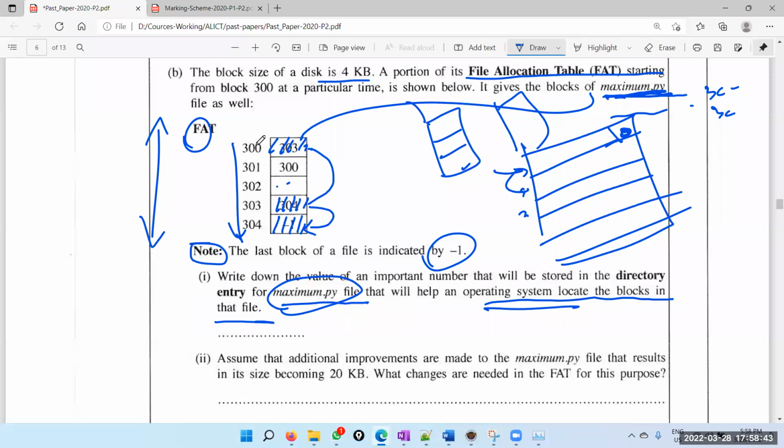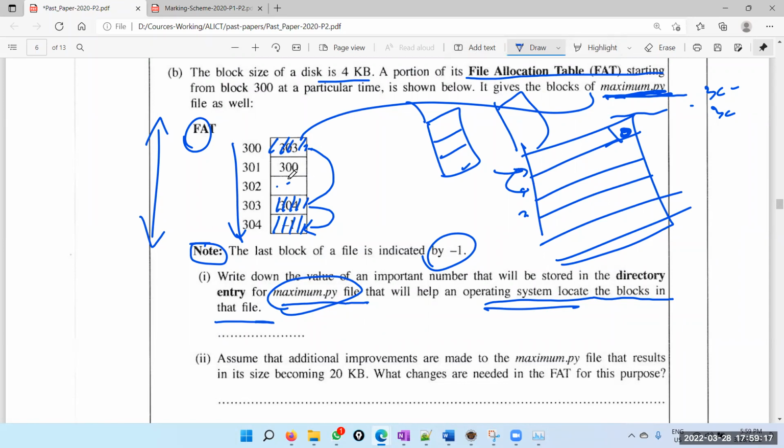So what the examiner says is, I have given you the file allocation table starting from entry 300, but I thought the file was starting from 300. No. That means it is not the entire table. I'm just giving you the portion starting from 300. I think that is what the examiner says.